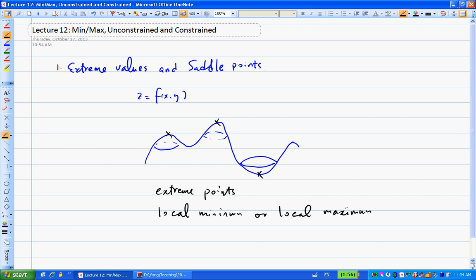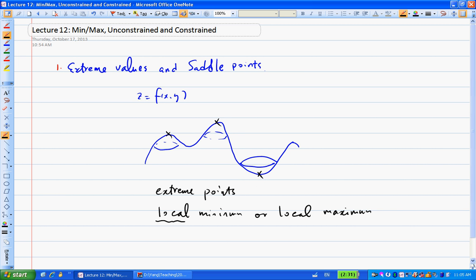The keyword is local. What does local mean? When I look at this part here, that's the maximum around this local area, and this is the maximum around here, and this is the minimum around here. That's why we call them local minimum and local maximum.